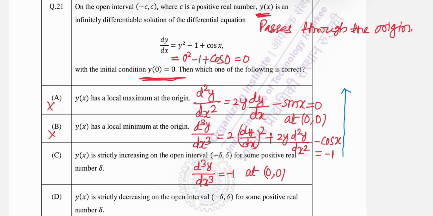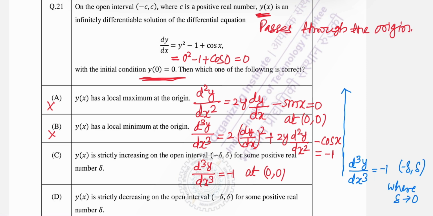I show you, the same thing can be written as d cube y by dx cube equals minus 1 in the interval minus delta to plus delta, where delta tends to 0.